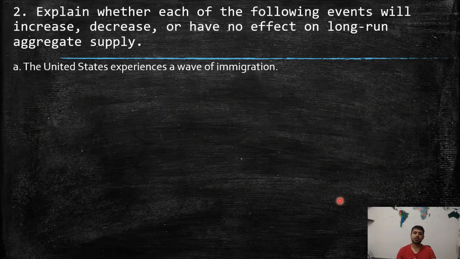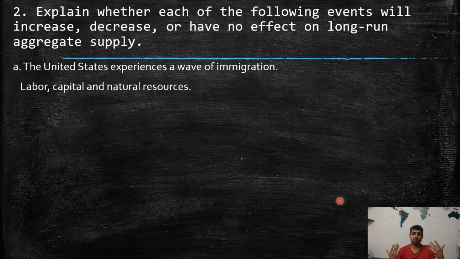Second, explain whether each of the following events will increase, decrease, or have no effect on long-run aggregate supply. A. The United States experiences a wave of immigration. This is related with labor, so it should affect the factors of production.